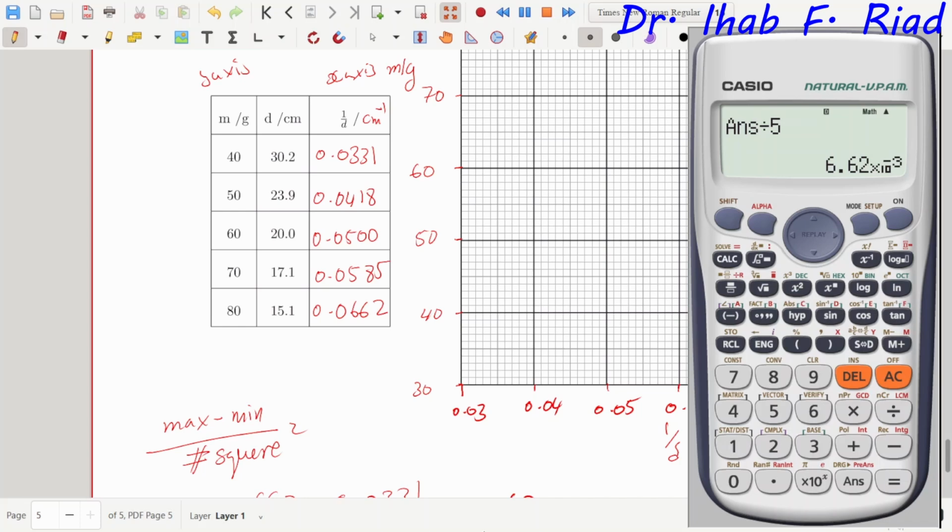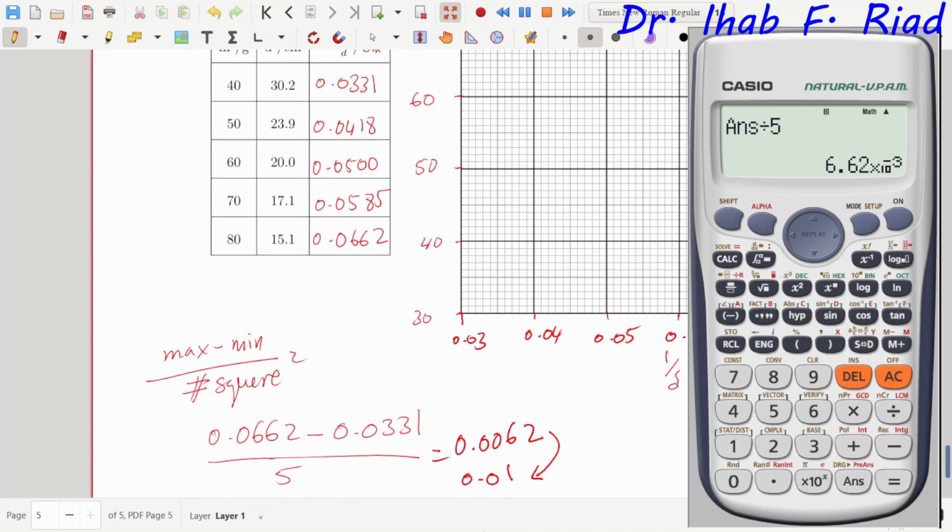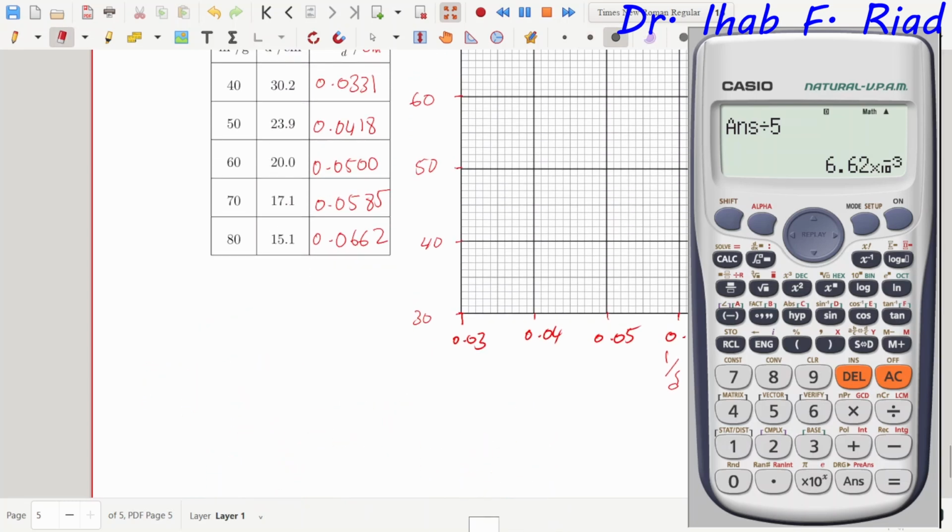Now, we have on the x-axis 0.0331. Okay, how to calculate it? As we did before. 0.0331 minus this over here, 0.03, and we divide by the scale 0.01.